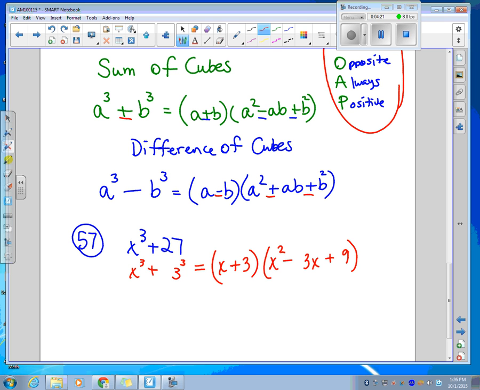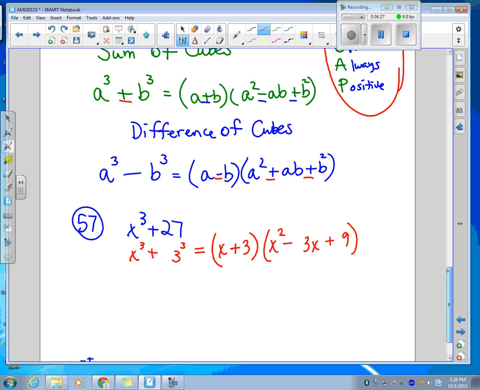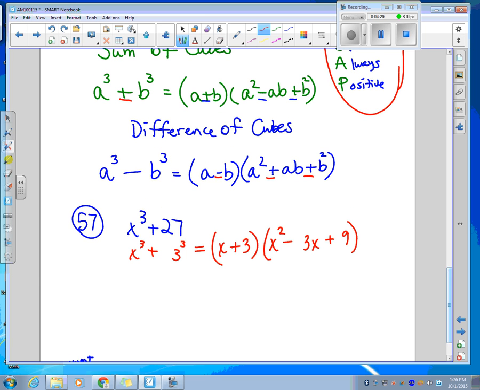So you can multiply this back out, and you should have your middle terms cancel out. So since we just finished that, let's practice that. Just to double check ourselves, isn't this times this equal to x cubed plus 27?